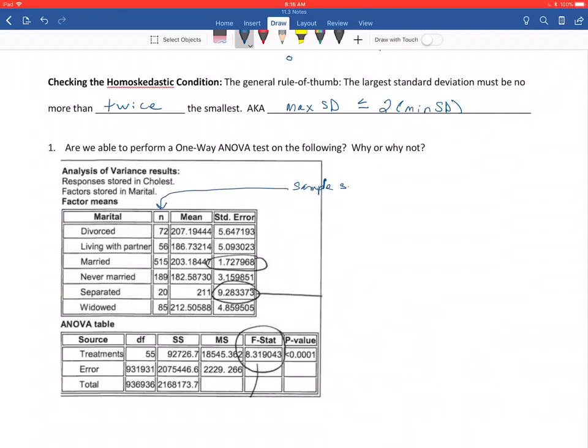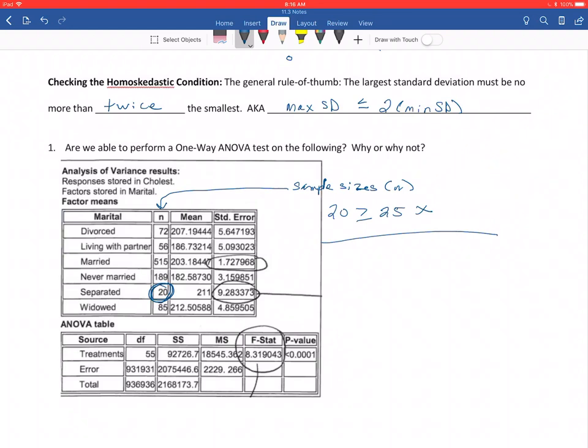Here's all of our sample sizes. And what I see is there's a slight problem here. 20 is not greater than 25. The rest of them are okay, but we have this one sample that wouldn't meet that. That could stop us in our tracks possibly right there.